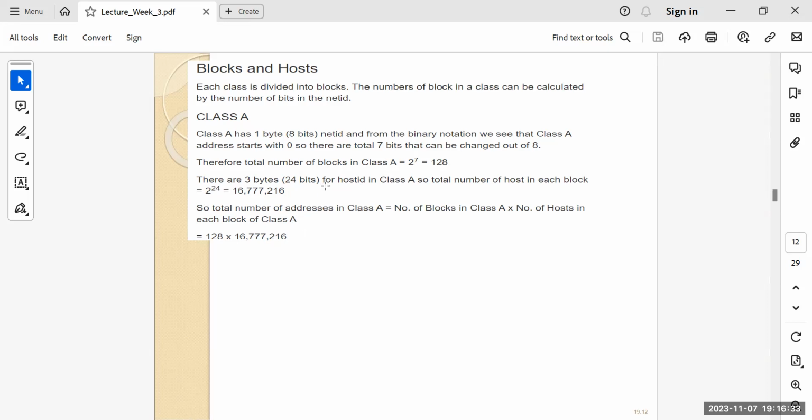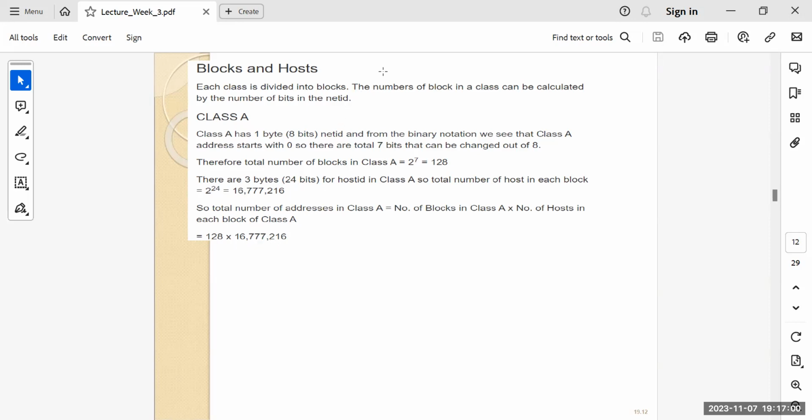So again, I'm creating the same analogy. You live in your town, it has 128 blocks. Each block has 2 power 24 houses, right? So the total number of houses in the society would be 128 times this number.